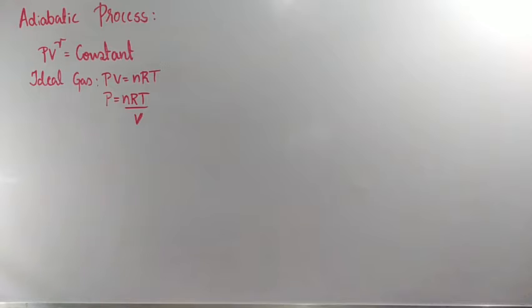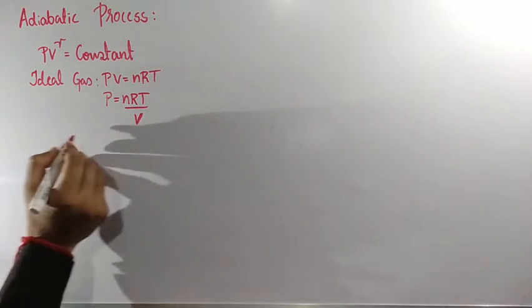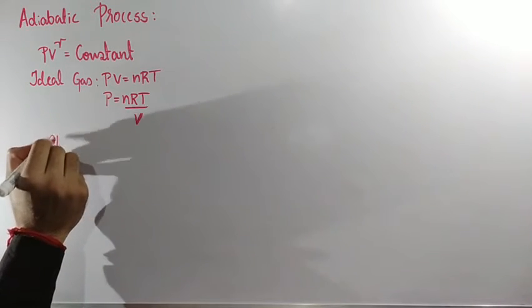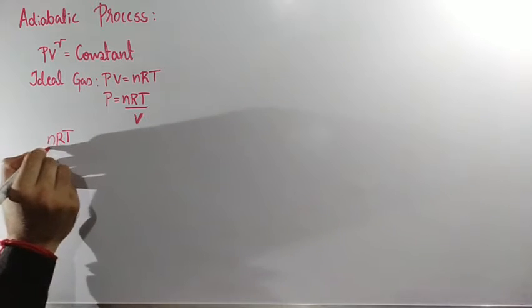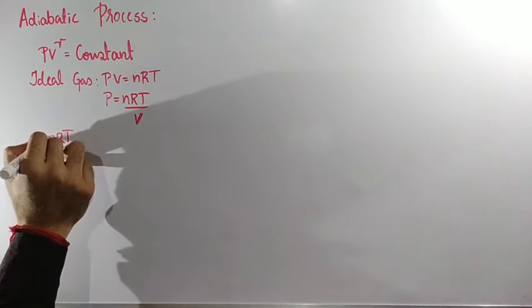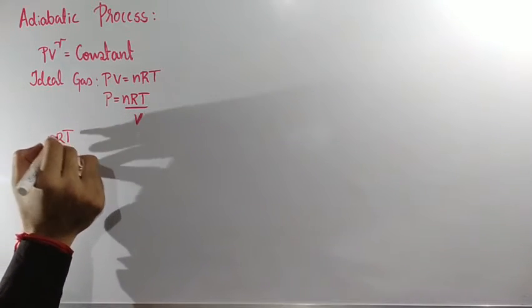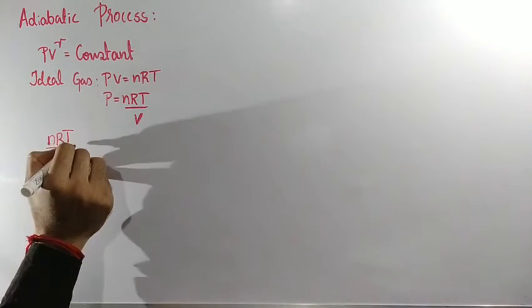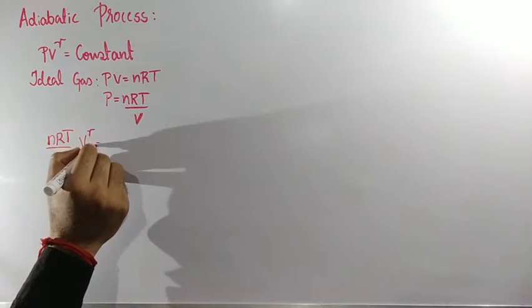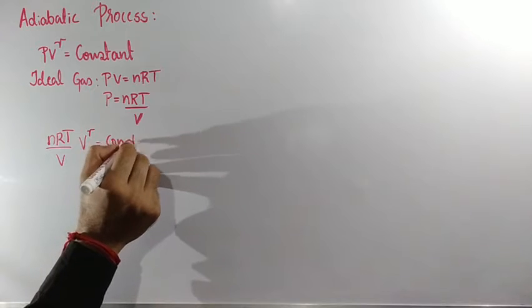So this nRT divided by V I am going to substitute in the above equation where PV power gamma is equal to constant. I am going to get nRT by V, and again V power gamma is equal to constant.